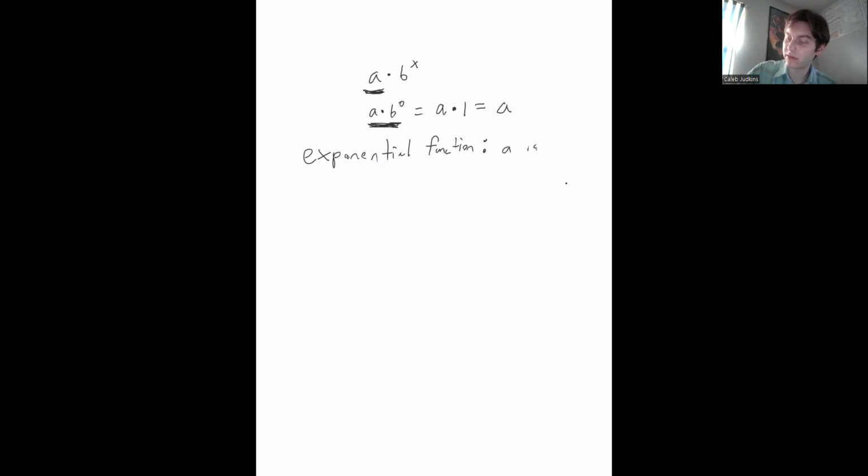A is starting. And B, sorry, B is what we may call percent change.